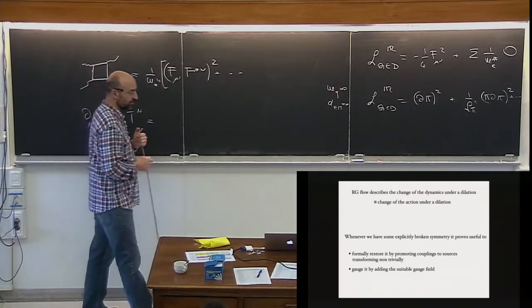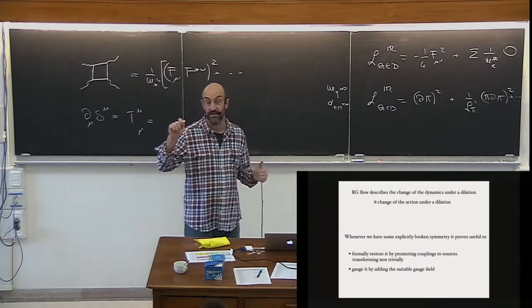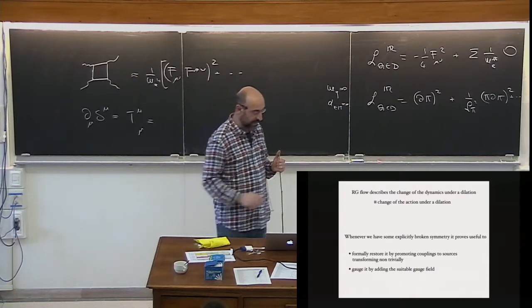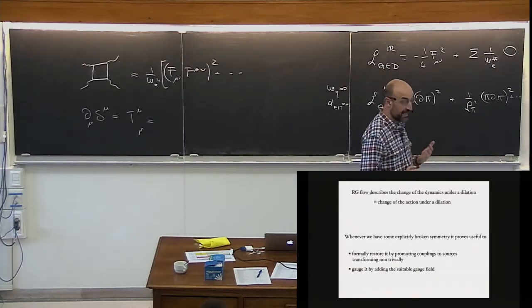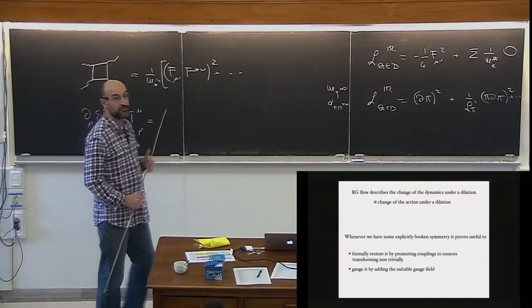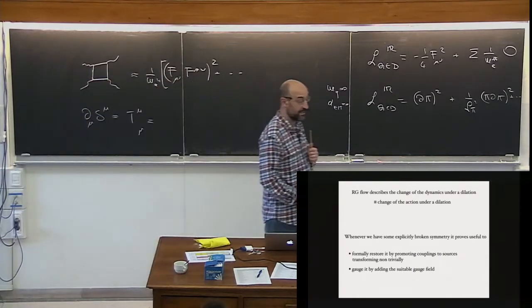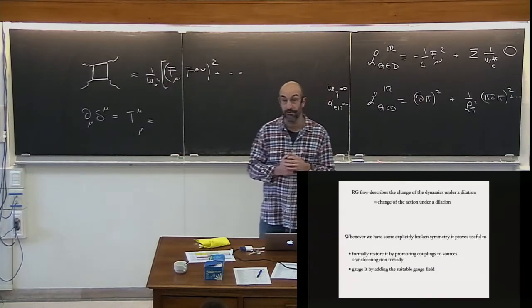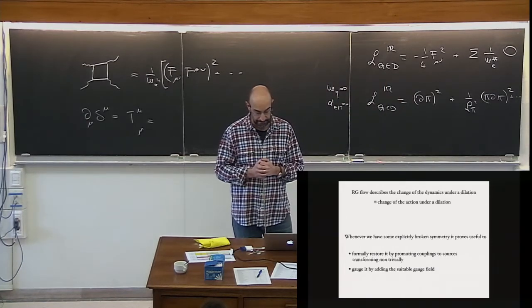This trace T mu mu is known in quantum field theory to be written in terms of a sum of beta functions times operators. Okay, so the amount of violation of scaling, which is, if you want, the divergence of the dilatation current, is controlled by the beta function. Okay, so the RG flow parameters, the beta function, control how the system changes under a dilation.